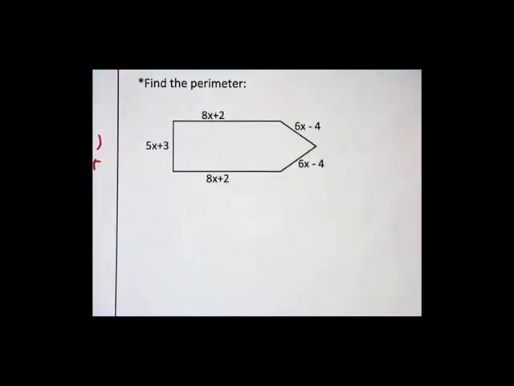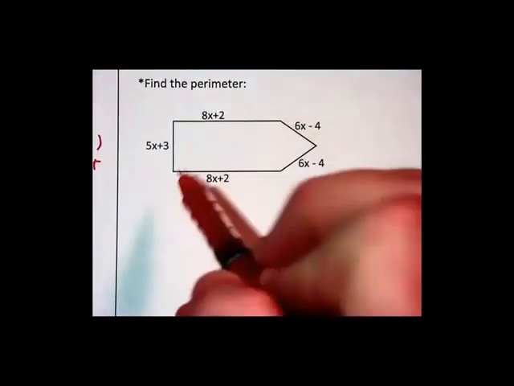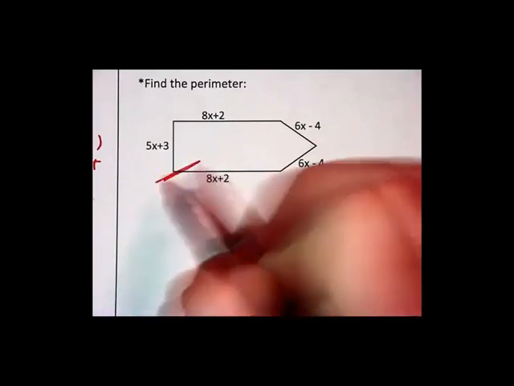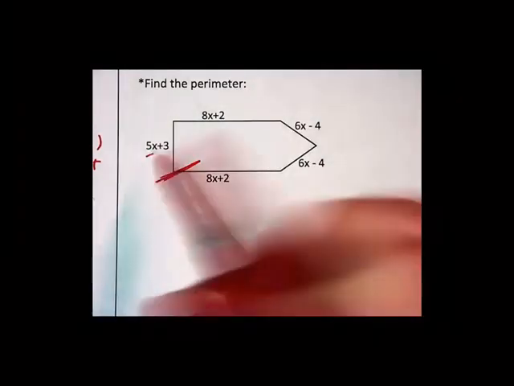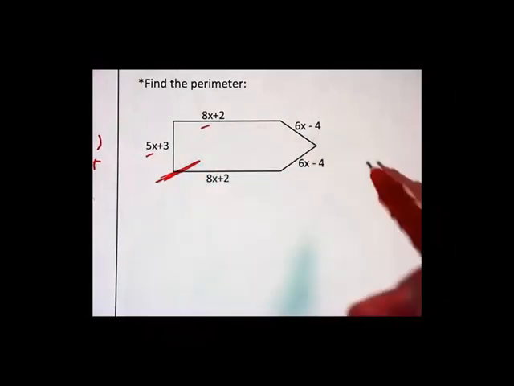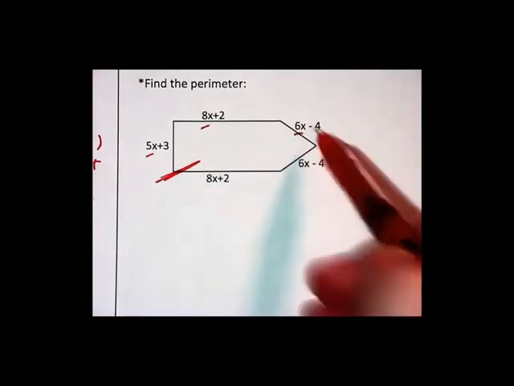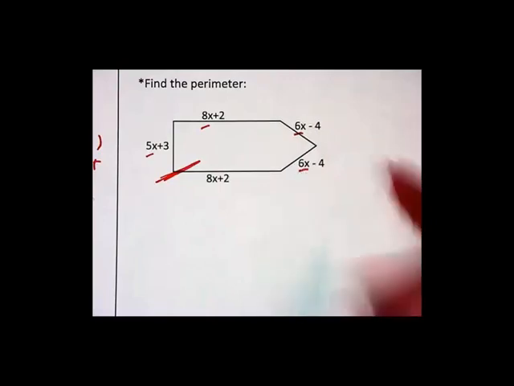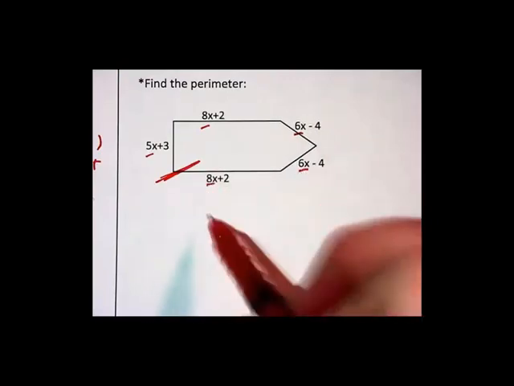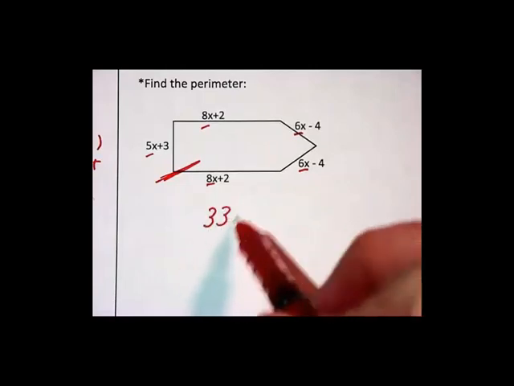When you're finding the perimeter, that just means add up all the different sides. My suggestion would be to put a starting point here so you don't accidentally add something twice. 5x and 8x add up to 13x, plus 6 more makes 19, plus 6 more makes 25, plus 8 more makes 33x.